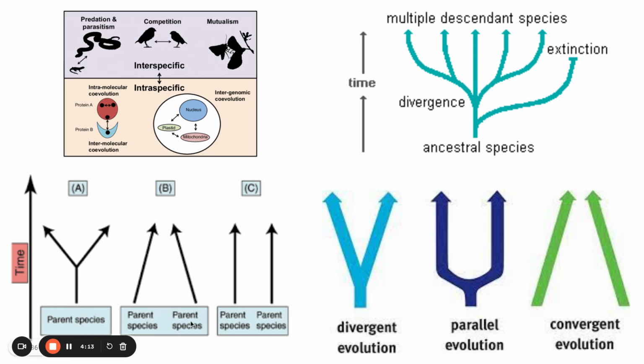B, we see the two parent species seeming to converge together. So that's convergent evolution. And that's like the shark and the dolphin that share similar characteristics because they live in a similar environment. And then parallel evolution, when you have organisms, let's say in some type of symbiotic relationship with each other.